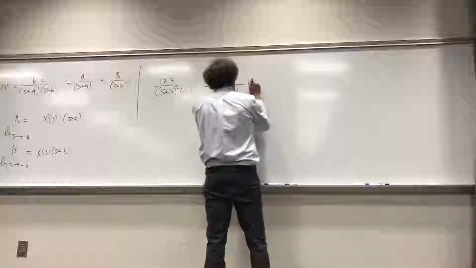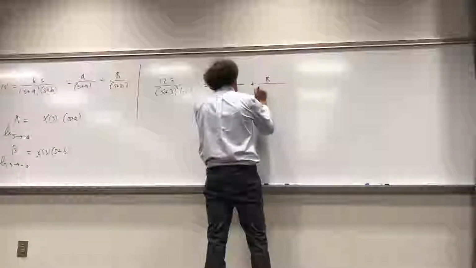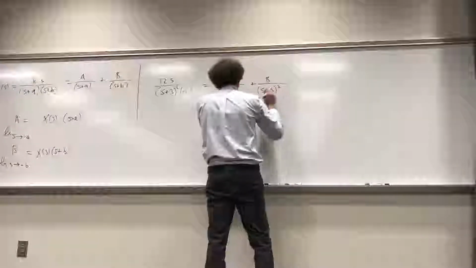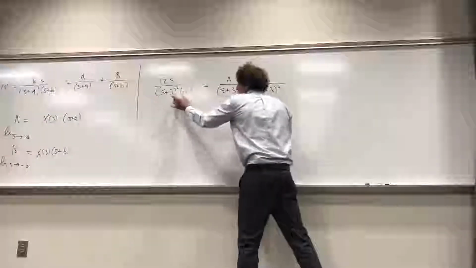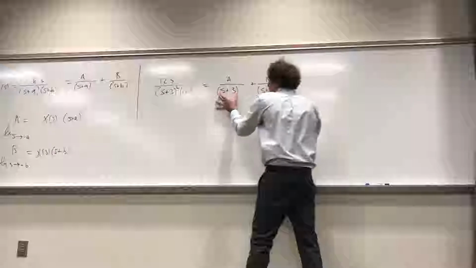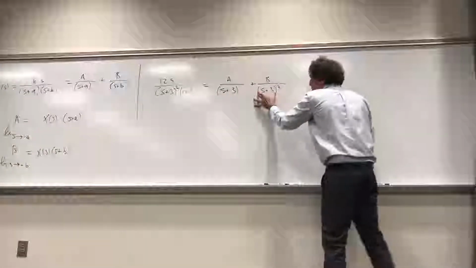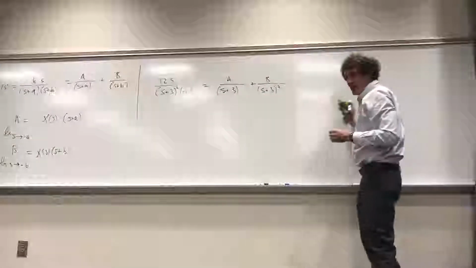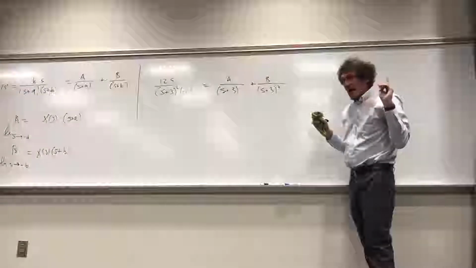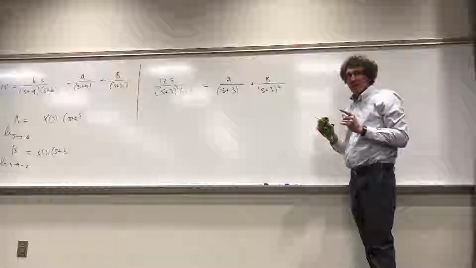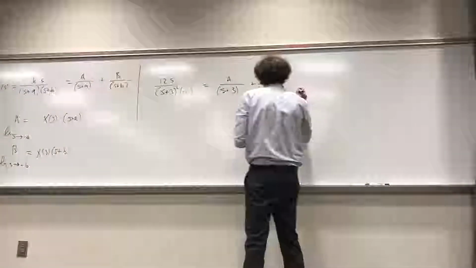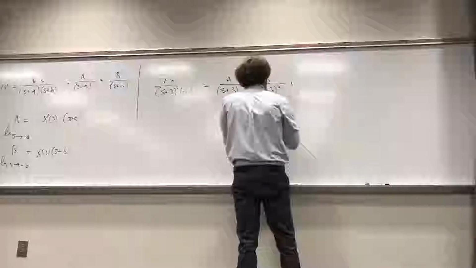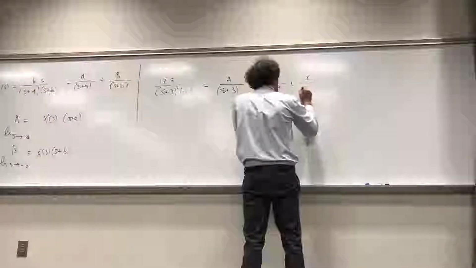Then plus b over (s plus 3) squared. What you're doing is you're going to keep repeating this term. Start with 1, power 2. If it was the third power, power 3. Follow me? Now you have to do this. Remember this. And then you put the s plus 1, plus c over (s plus 1).